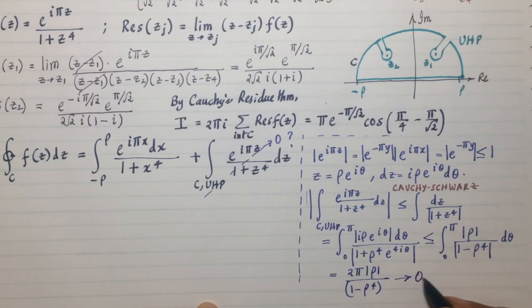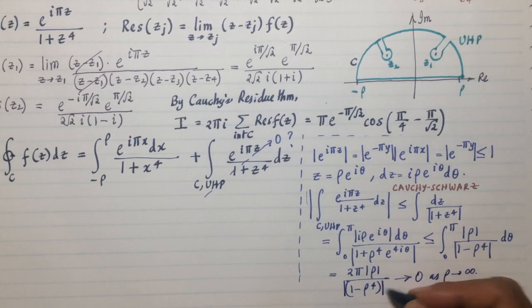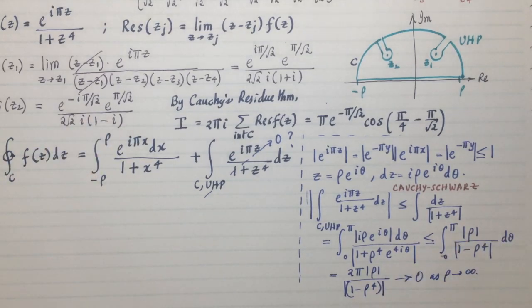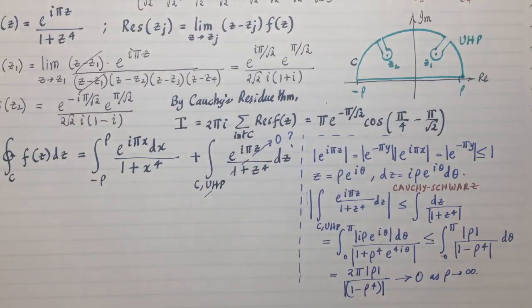And that's going to go to 0 as rho goes to infinity. Because the denominator, oh, by the way, I should put the absolute value, because rho is bigger than 1 as you go out to infinity. So the denominator certainly dominates, and the contribution goes to 0. So this is how you show that this term is 0.